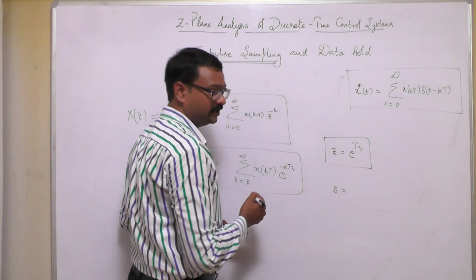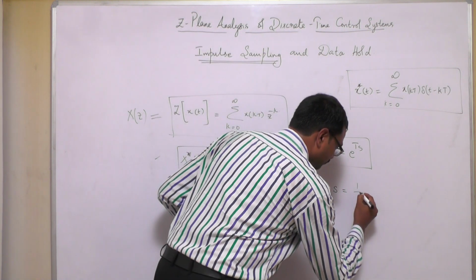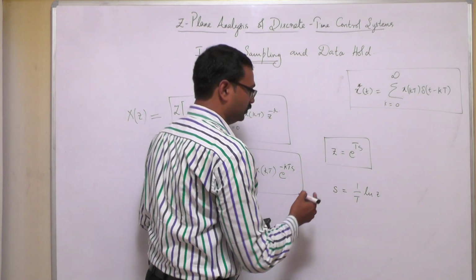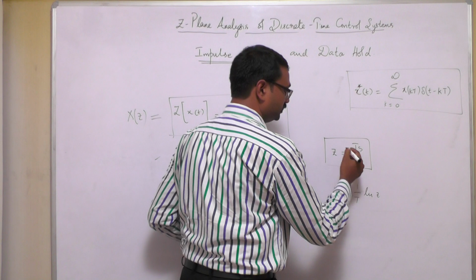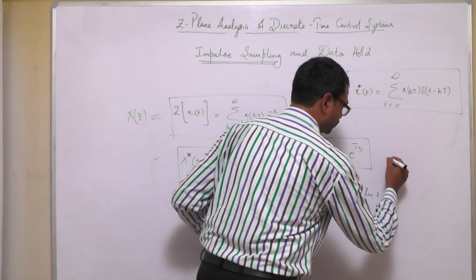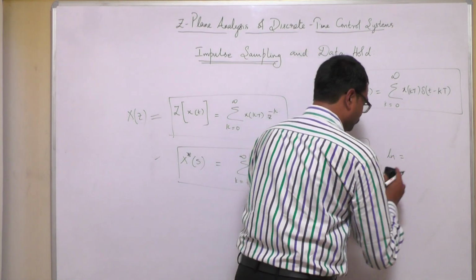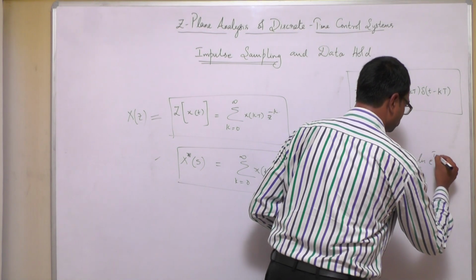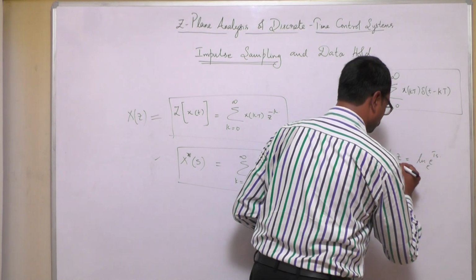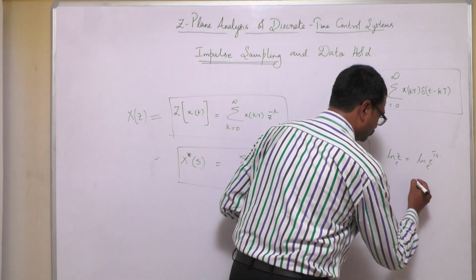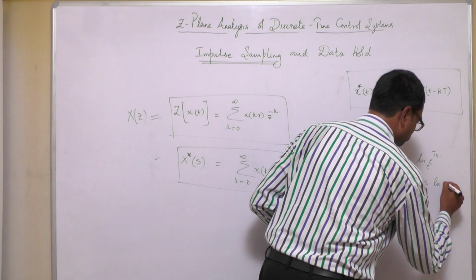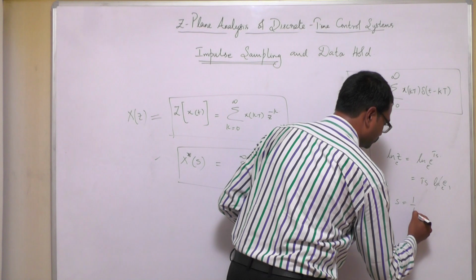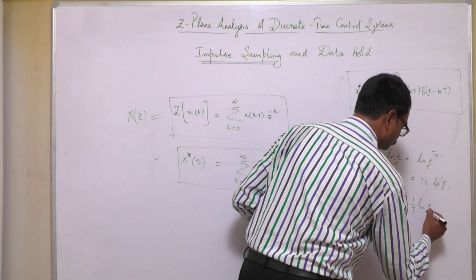If I apply natural logarithms to this, I get ln z is equal to ln e power ts, and ts comes out. Therefore you have ts ln e to the base e, and e to the base e is 1. Therefore s is equal to 1 by t ln z.